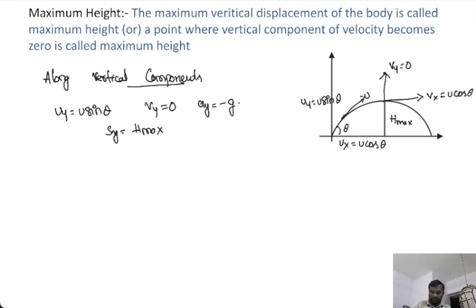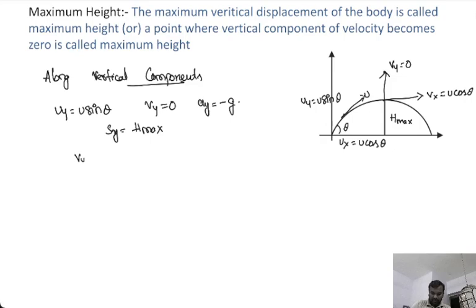According to this, what equation again? Equation of motion. You write Vy square minus Uy square is equal to 2ay Sy. Vy is 0. Then 0 square minus uy, which is u sin theta, squared. So minus u square sin square theta is equal to 2 into ay, which is minus g, into Sy, which is h max.